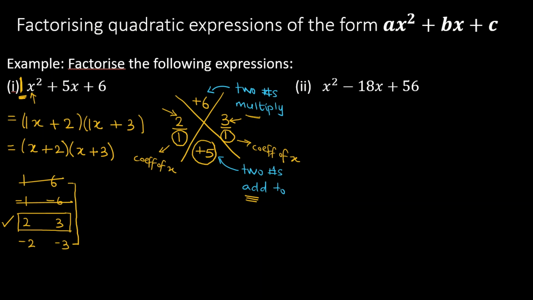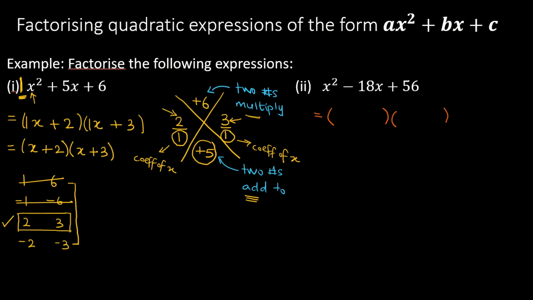Right? Let us try a second example. We have x squared minus 18x plus 56. Right? Again we have 3 terms, so when you factorize you get 2 pairs of brackets.